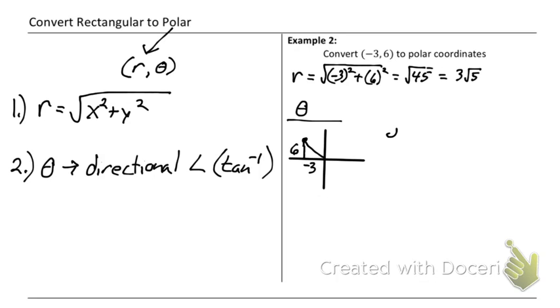So we're going to jump straight to alpha equals the tan inverse of my y value, 6, over my x value, negative 3, which comes out to negative 63.4. Does that match? Cool.